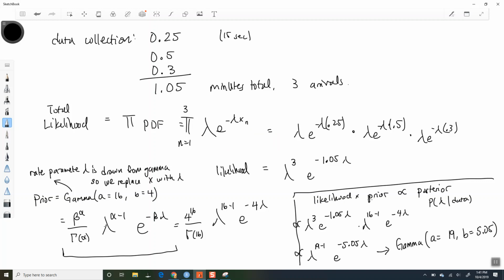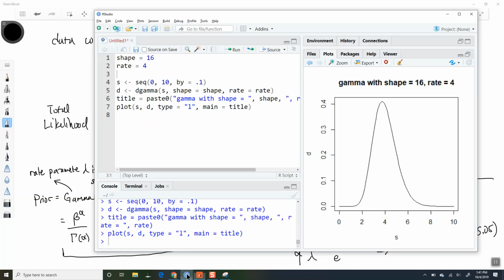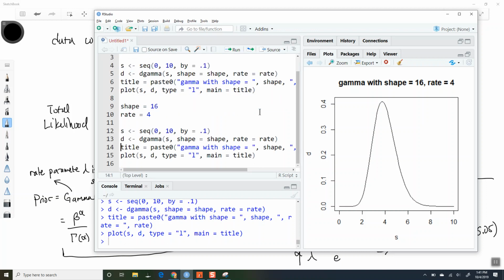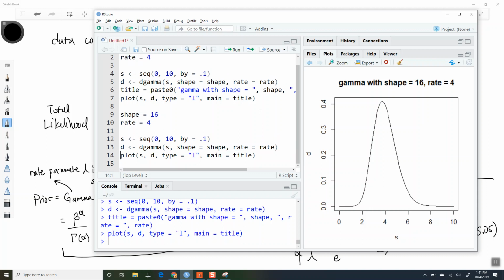So we're just combining the likelihood and the prior to get the resulting shape. Maybe I can just add a line.